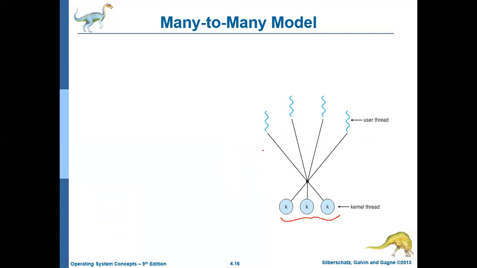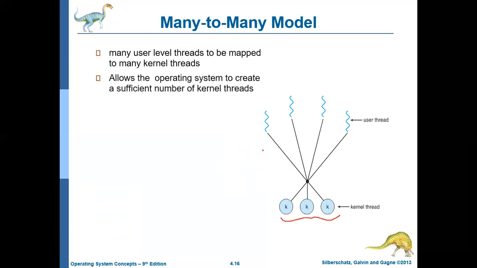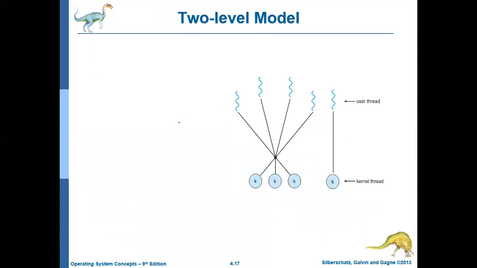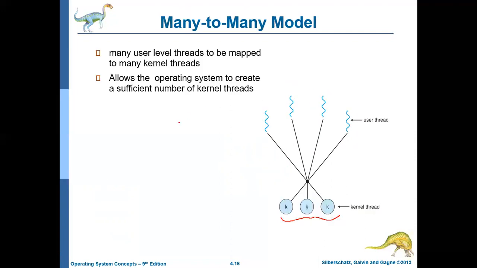Basically it takes the advantages of the other two models. It allows the operating system to create a sufficient number of kernel threads. So this is how the many-to-many model works.